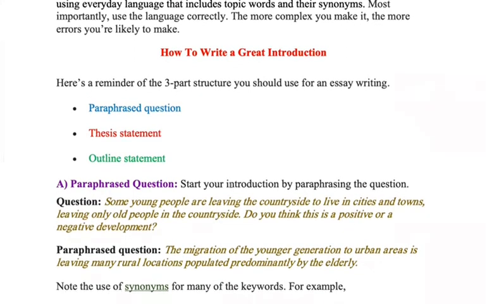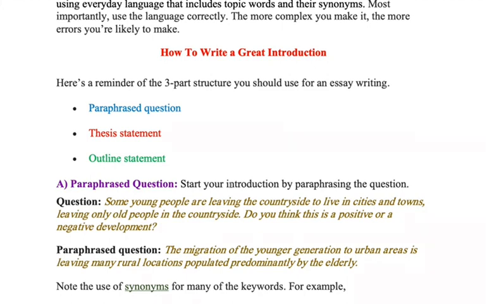Paraphrase the question. Let's have an example. Start your introduction by paraphrasing the question. We have here a question: some young people are leaving the countryside to live in cities and towns, leaving only old people in the countryside. Do you think this is a positive or a negative development?